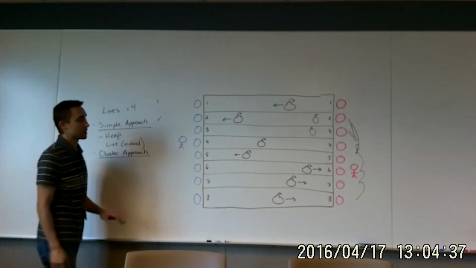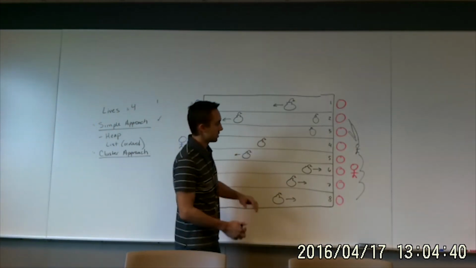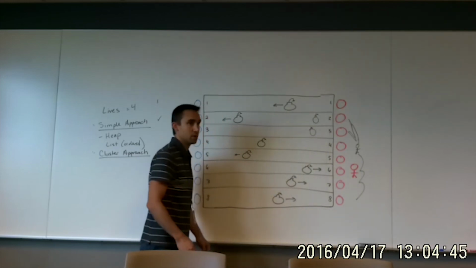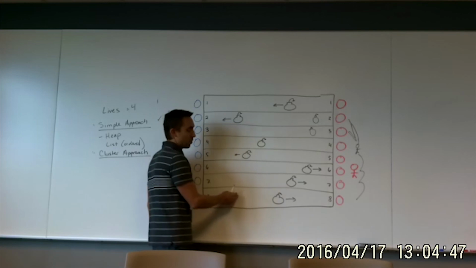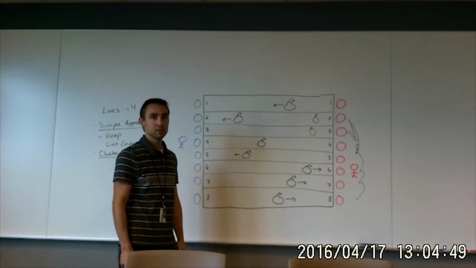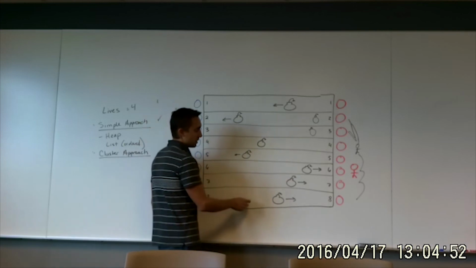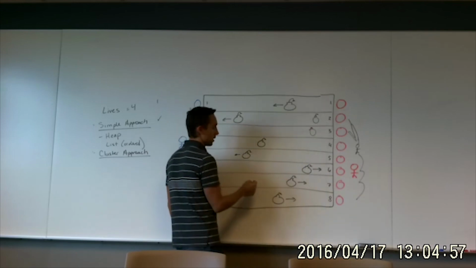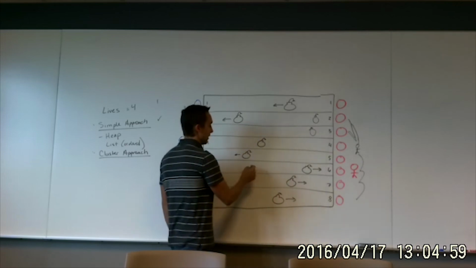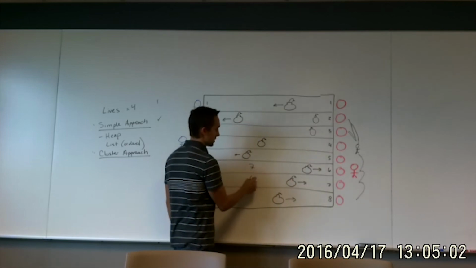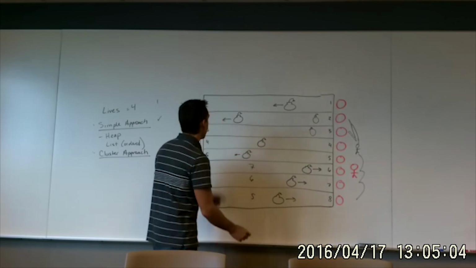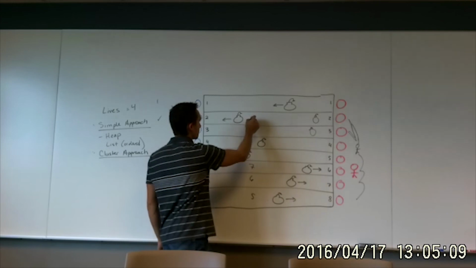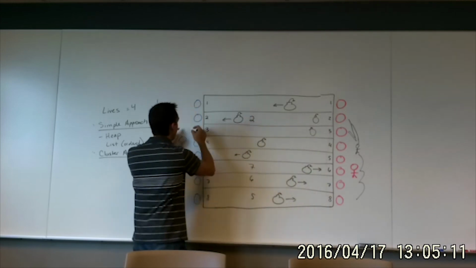So again, the way we would cluster these is we could basically come up with a numeric value, a heuristic, on how good a particular belt is. For example, if we do it on a scale from 1 to 10, this one might be a 7, this one might be a 6, this one might be a 5. This one would probably be a low number unless the opponent was right here.